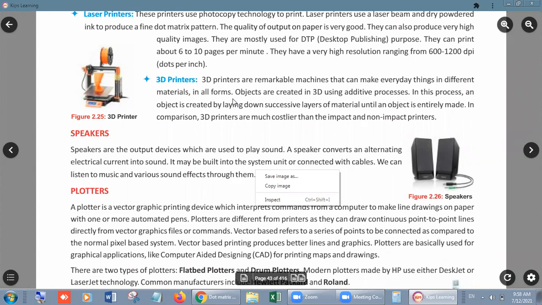In this process, an output is created by laying down successive layers of material until an object is entirely made. Again and again, every print is made of some layers. Okay, I am showing you some 3D printer output.